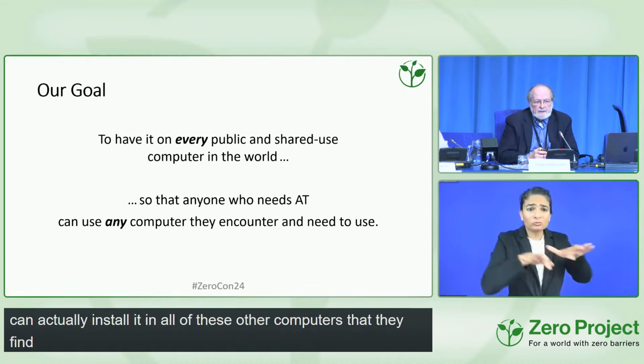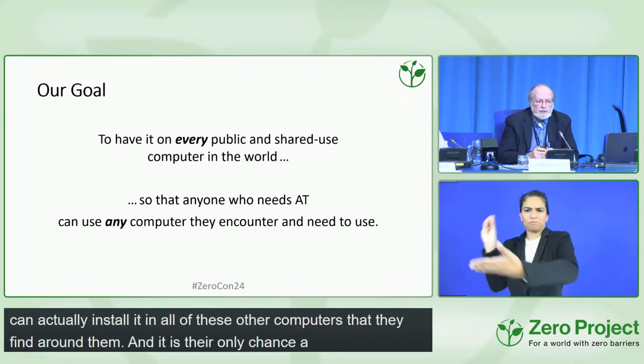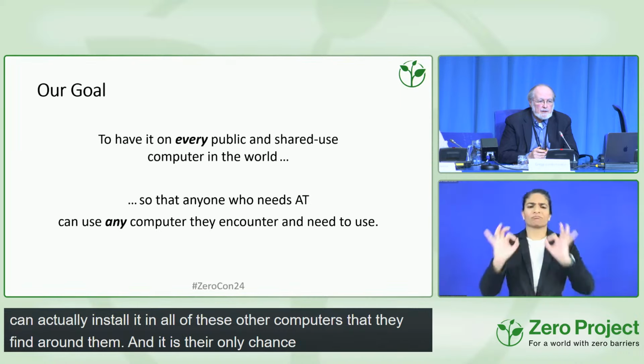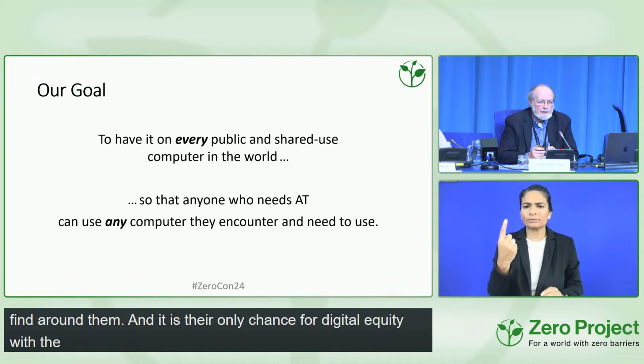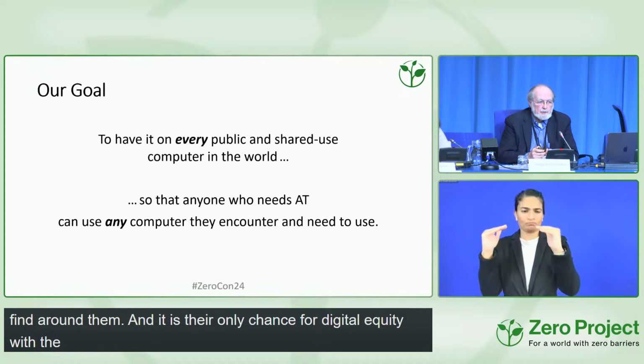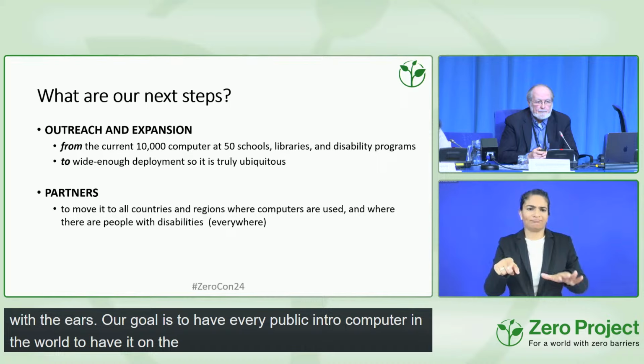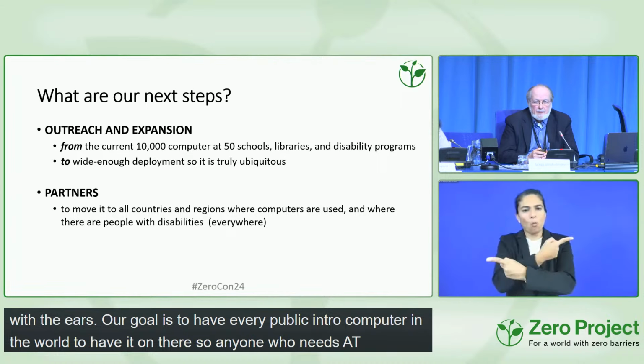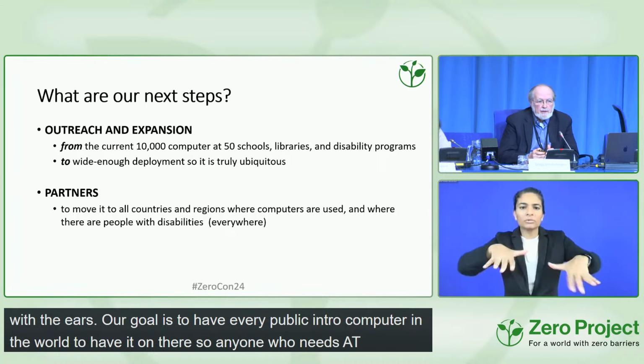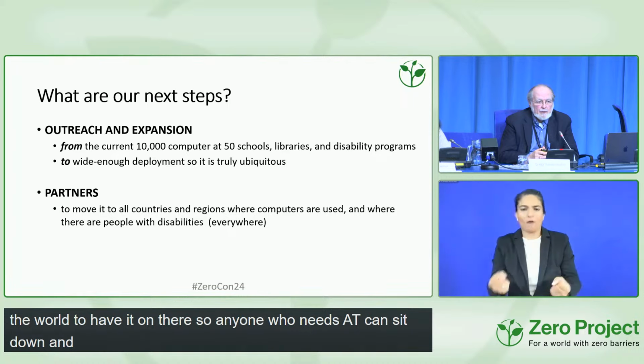Our goal is to get every public and shared computer in the world to have it on there, so that anyone who needs AT can sit down and use any computer they encounter and need to use in any country, anywhere. The next steps: right now we're in the process of outreach and expansion.